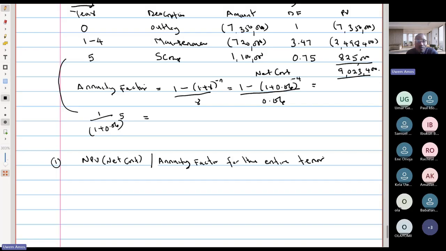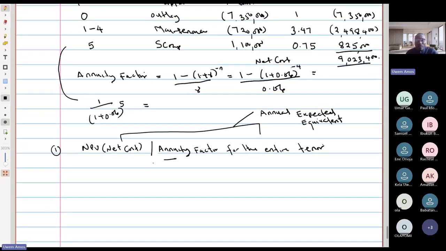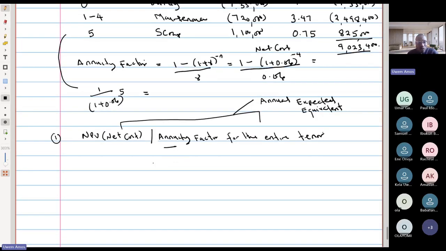That way, whatever value you have here would be the annual equivalent, because by the time you divide it by the annuity factor for that year, it gives you what it is per year. So let's do that quickly and see which of the two makes more sense. So we have Yarrow, we have Tony.